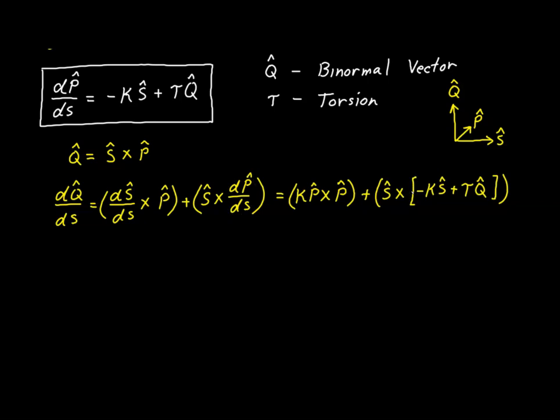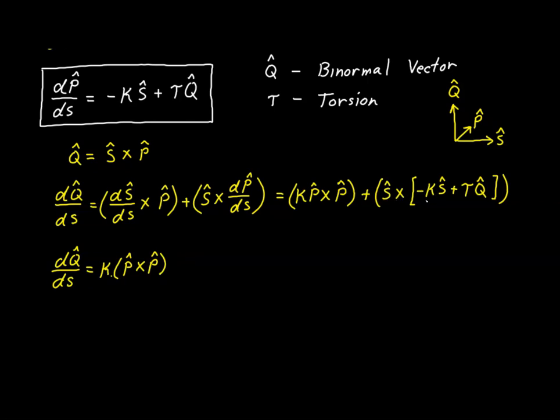Okay, let's expand this out now. And what we'd have is dq hat ds being equal to, first of all, this term. I can bring the value of kappa out, and we're left with p hat crossed with p hat. And then over here, I'm going to use the distributive property to distribute s hat into these two terms.